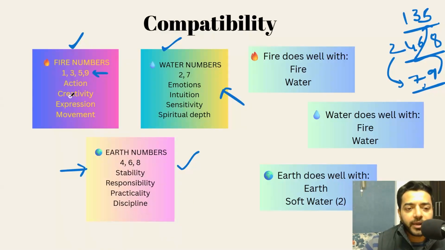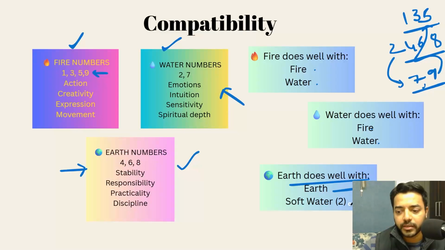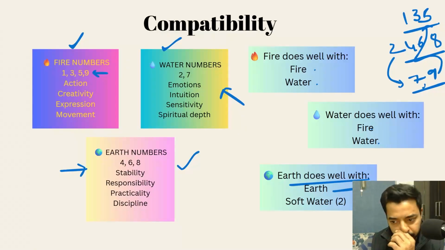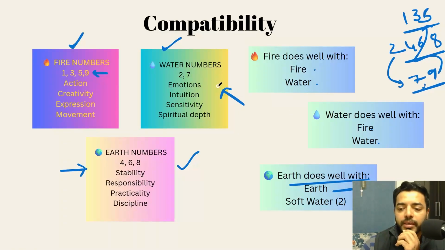Okay, so fire does well with fire, and fire does well with water. Water does well with fire, and water does well with water. Earth does well only with earth. Okay, so now the compatibility, if you say 1, 3, 5 and 9, 1, 3, 5 and 9 is compatible only with 1, 3, 5 and 9, or with 2 and 7.